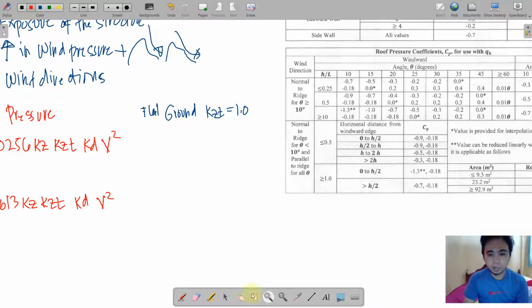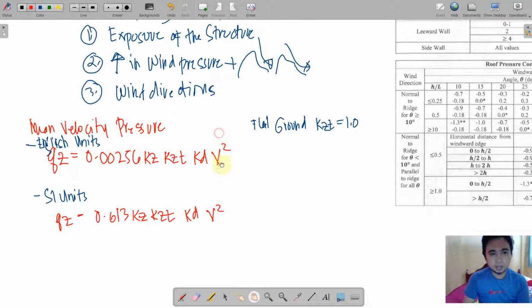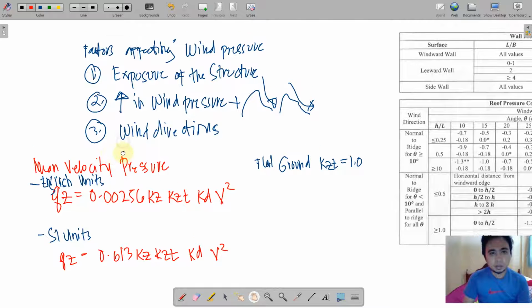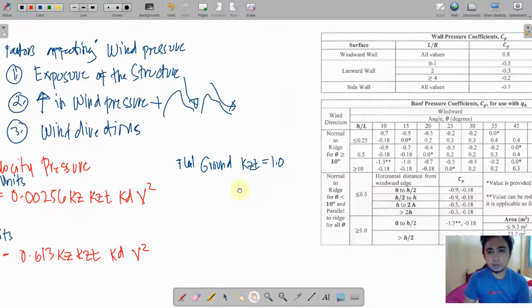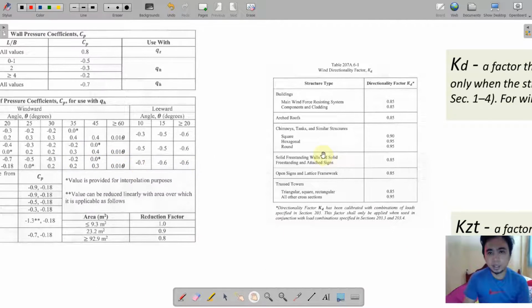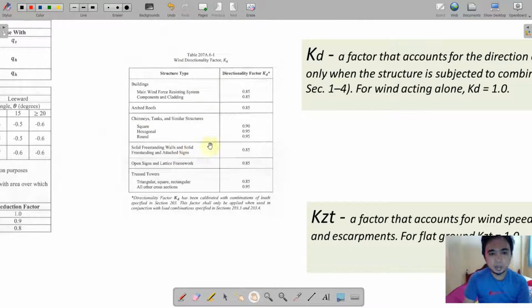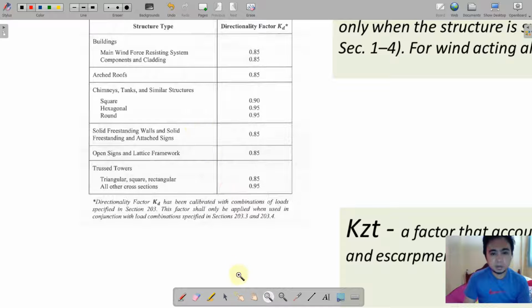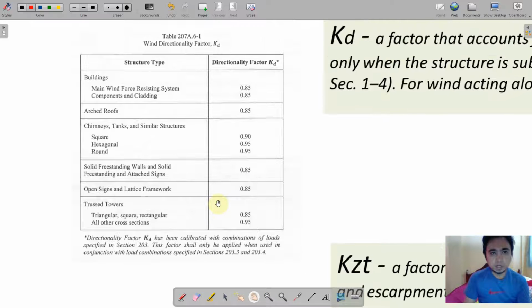So that's it. So next, the mean velocity pressure is also affected by the wind direction. So it depends on the wind direction. If it is combined with the other loading, we are going to use a certain table for that, KD. So this is the table consisting of values of wind directionality.